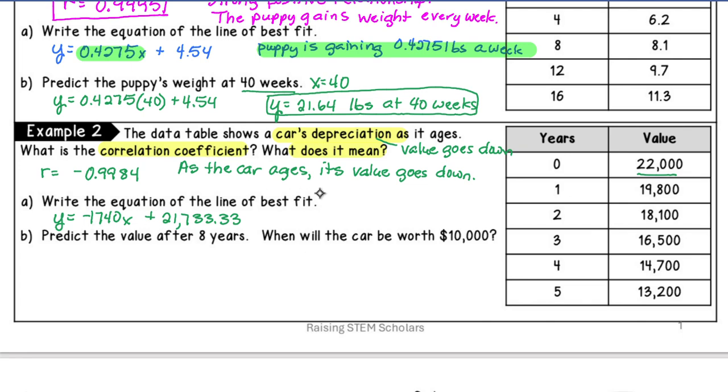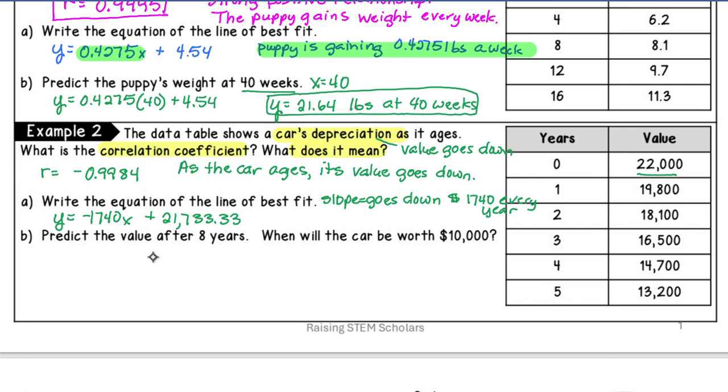So what this is telling me is my slope is telling me that it goes down $1,740 every year. Okay, that's what my slope's telling me.